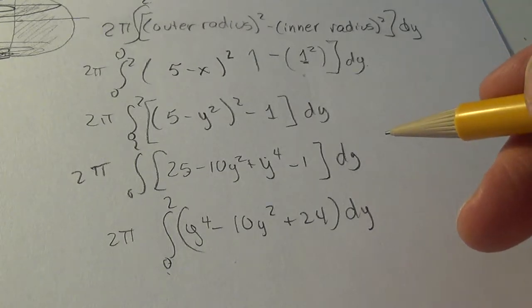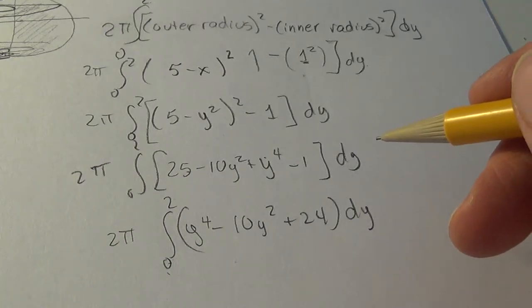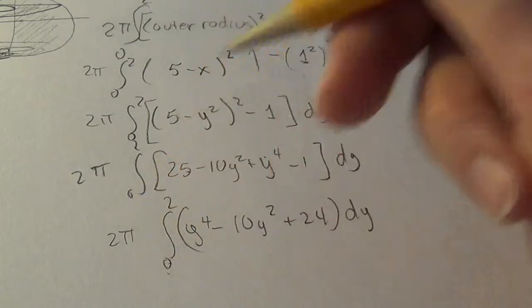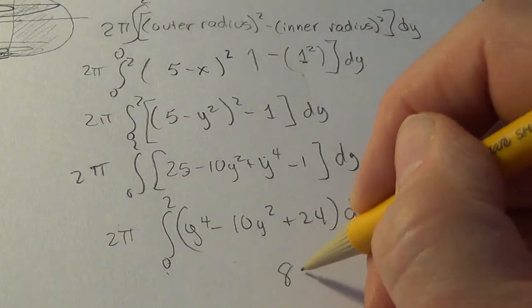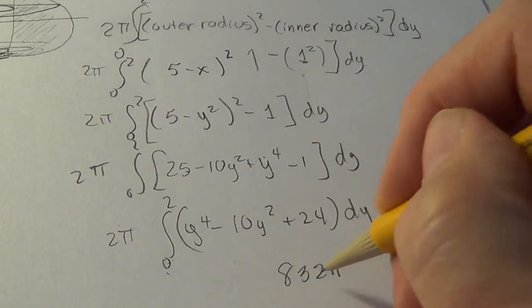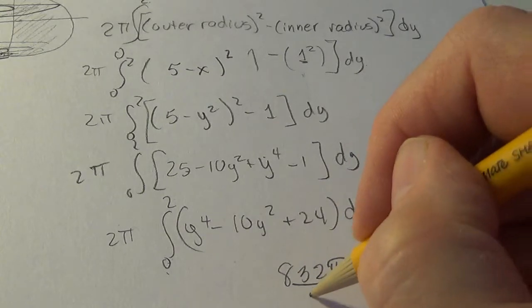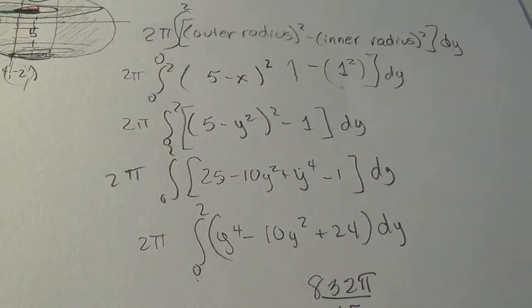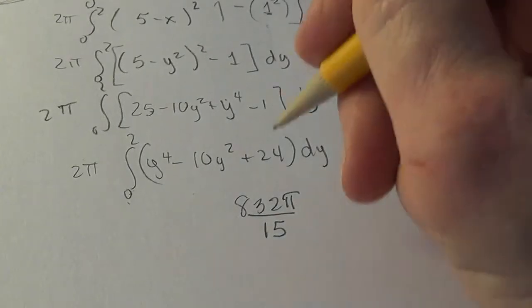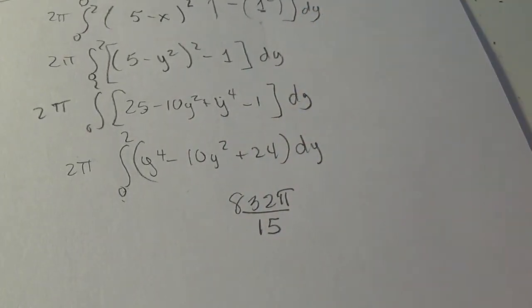Either by calculator or by integration and multiplying through by 2 pi, you should get 832 pi over 15. And these volumes are always some units cubed.